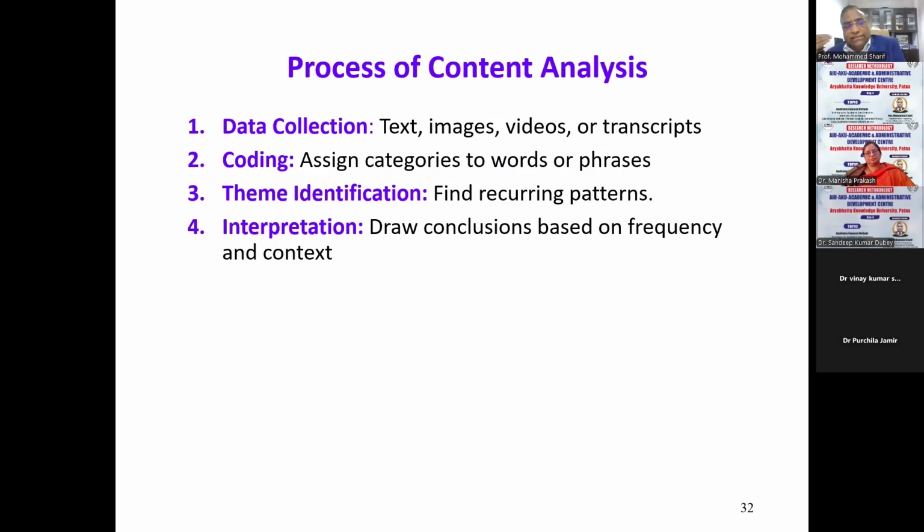Okay. Process of content analysis. The process is data collection: text, images, videos, interview transcripts. All these are data that is required for content analysis. Then coding. Coding is the process of assigning categories to words or phrases.